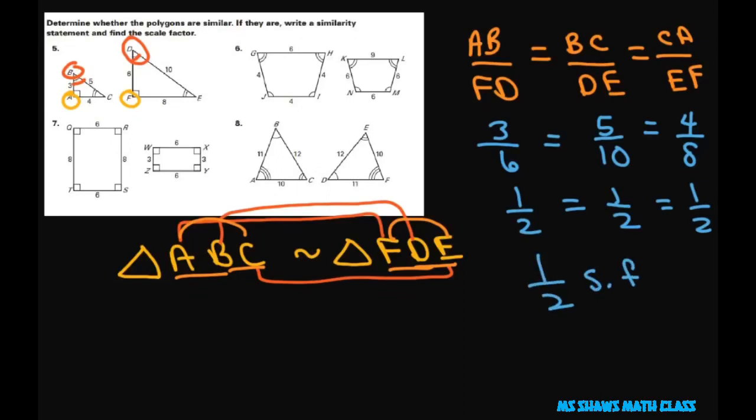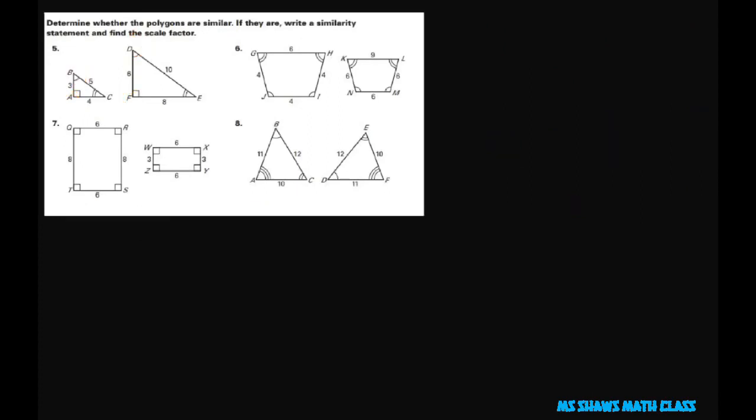All right, the next one for 6. If you look at the angles, let's start with G. So let's look at G. G has 2 marks there. So G is going to be similar to K. And then H is similar to L. And I'm just going around this way.